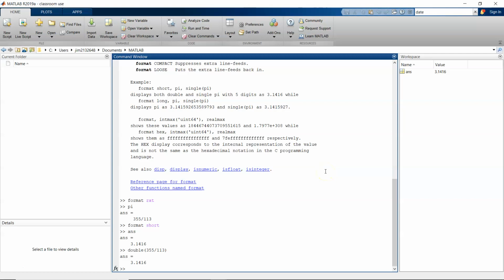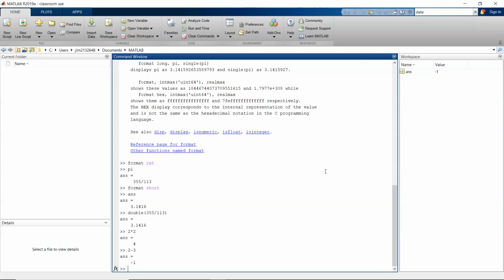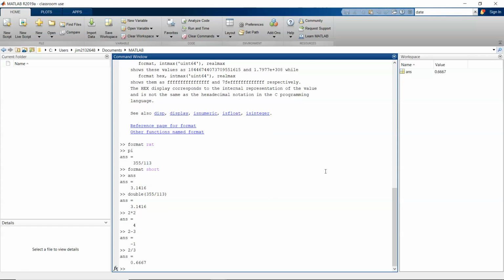The addition, subtraction, multiplication, division, let's see, 2 times 2, 2 minus 3, a negative number, 3 plus, we've already done addition, division, 2 divided by 3, 0.667. 2 goes into, think of this backslash, it's called a left divide.